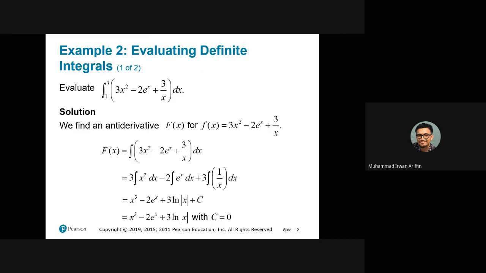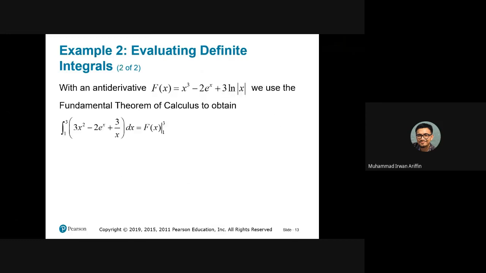Are we done yet? Not yet. Now we need to apply the fundamental theorem of calculus, where we evaluate this antiderivative at 3 and 1.